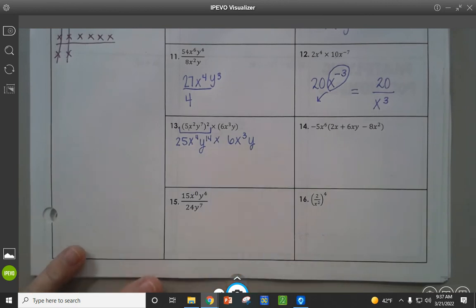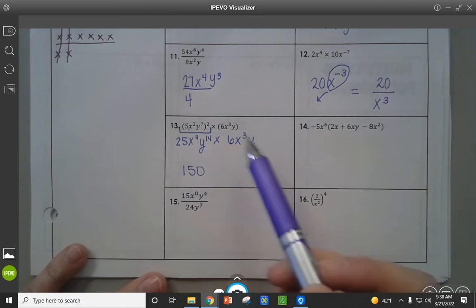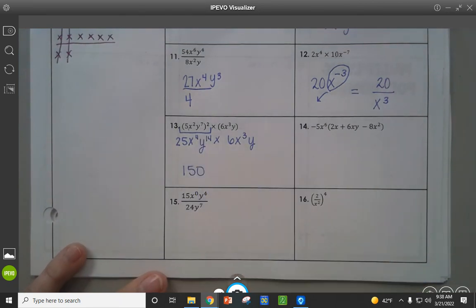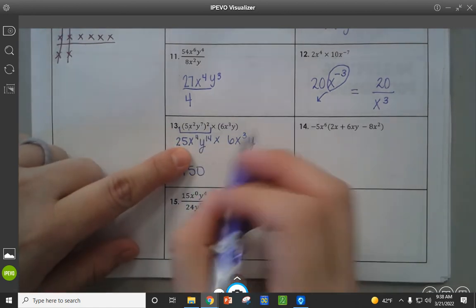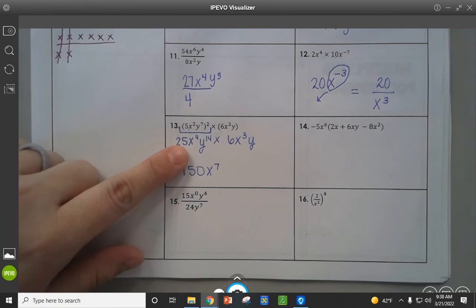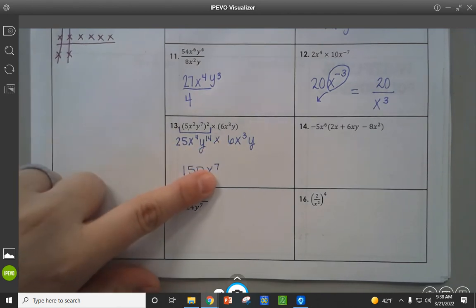What's 25 times 6? 150. What's x to the 4th times x cubed? X. Well, you multiply these, but it's x to the 7th. X to the 4th times x cubed is x to the 7th.